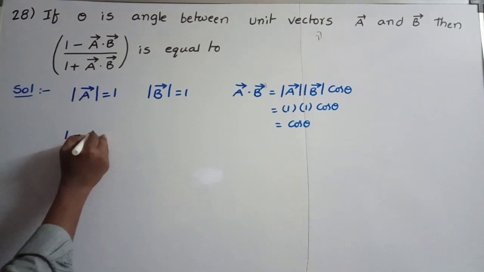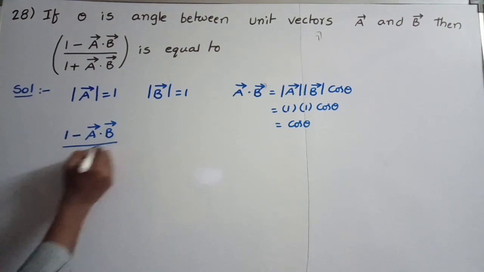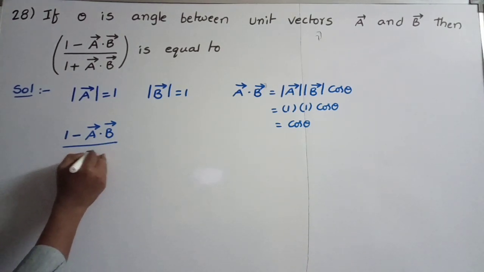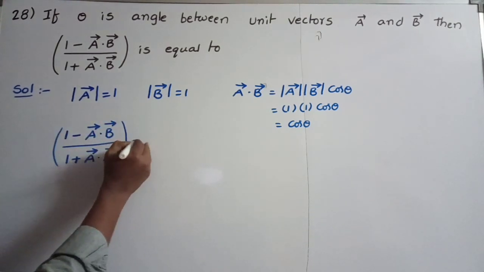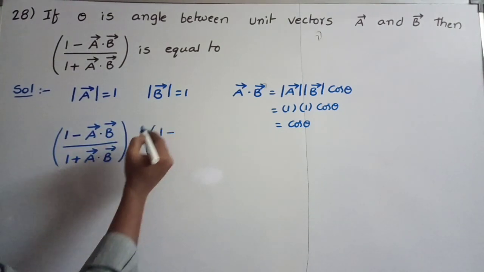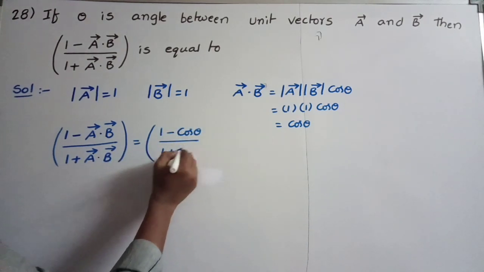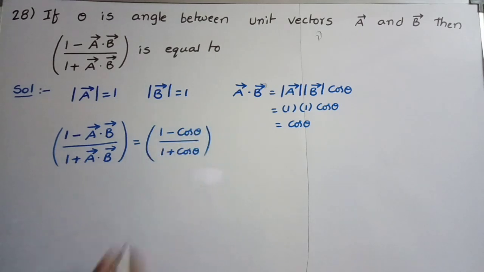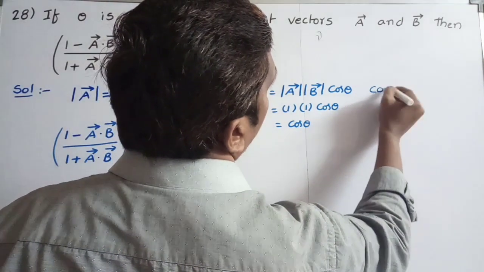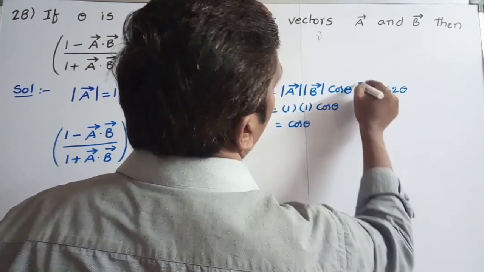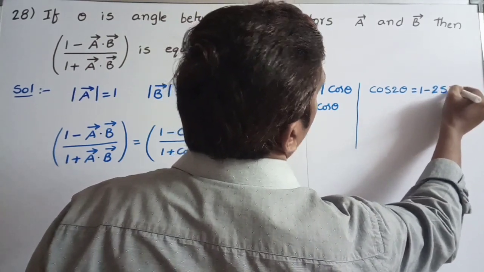So 1 minus a bar dot b bar by 1 plus a bar dot b bar is equal to 1 minus cos theta by 1 plus cos theta. But we know cos 2 theta is equal to 1 minus 2 sin square theta.